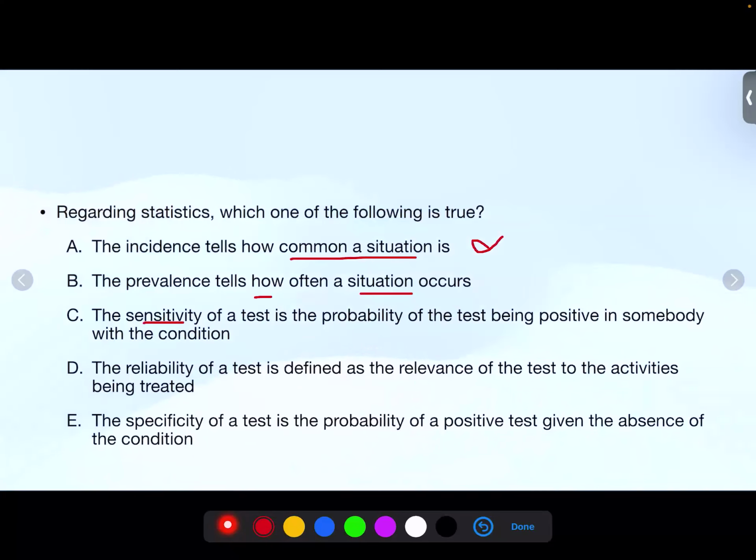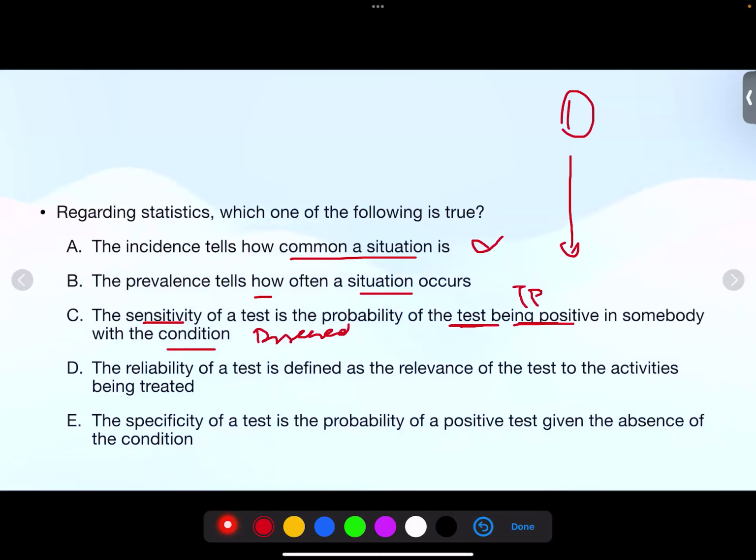Now, the sensitivity is the probability of the test being positive in somebody with the condition. The probability of the test being positive means the true positive in somebody with the condition, with the disease. If you remember that first vertical column of diseased, the true positives among the whole diseased individuals is your sensitivity.